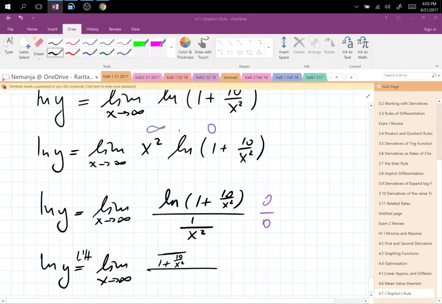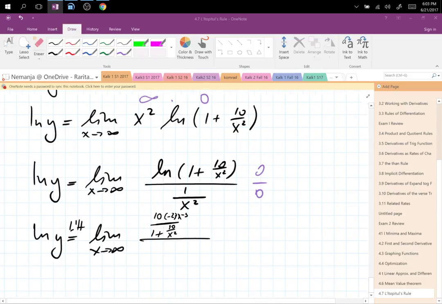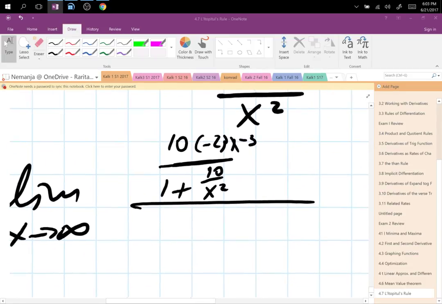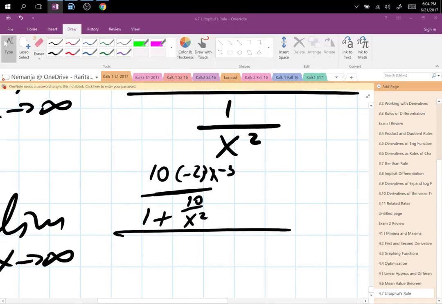Derivative of this is going to be 10 times negative 2 x to the negative 3. And then we have x squared here, and then the derivative of x to the minus 2, so that's going to be negative 2 over x cubed. There we go.